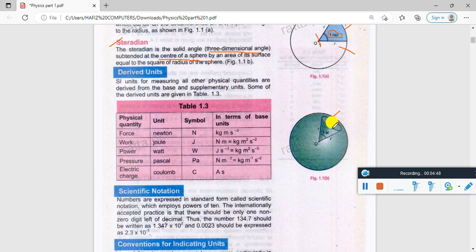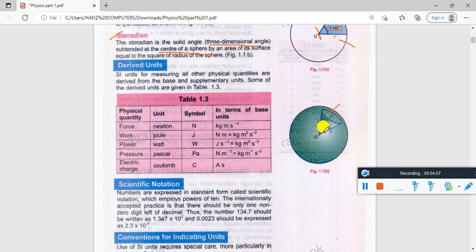So this is a sphere, and this is the angle subtended at the center of the sphere by an area of its surface equal to the square of the radius of the sphere. This solid angle at the center of the sphere is measured in terms of steradian.